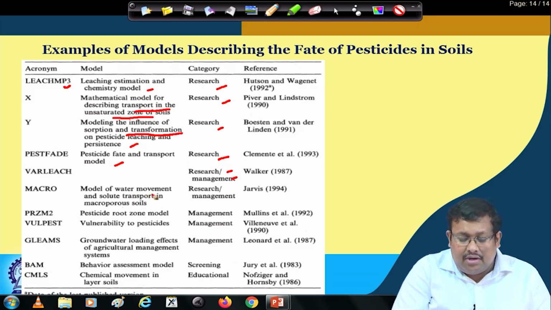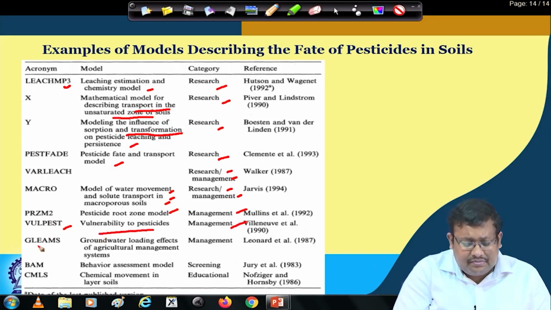Macro, which is a model for water movement and solute transport in macroporous soils, is both a research and management model. And this PRZM2 is the pesticide root zone model, which is a management model. Vulpest is a vulnerability to pesticide, that is a management model. Glimpse is a groundwater loading effects of agricultural management system, which is a management model.